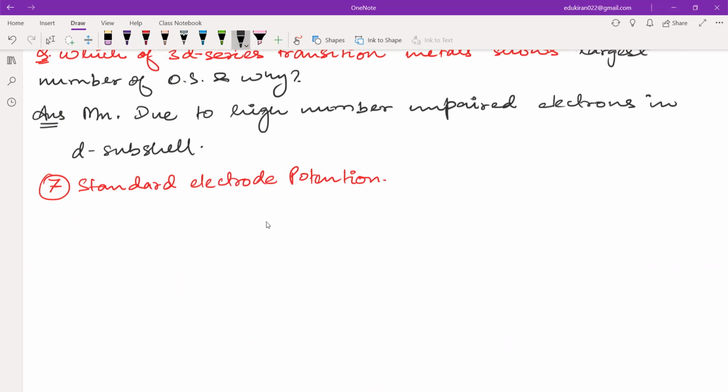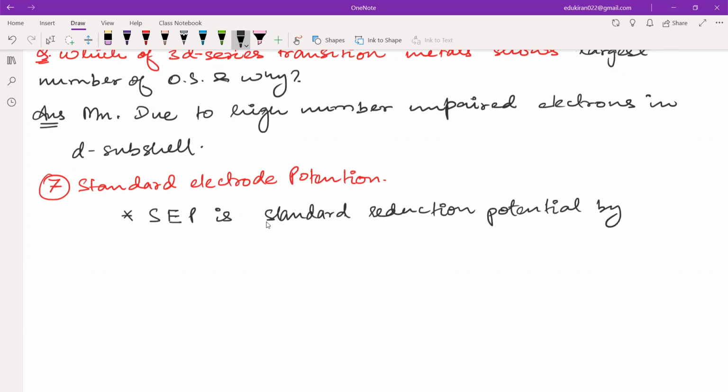So just a recap: standard electrode potential is the standard reduction potential. By convention of IUPAC, the standard electrode potential is the standard reduction potential.